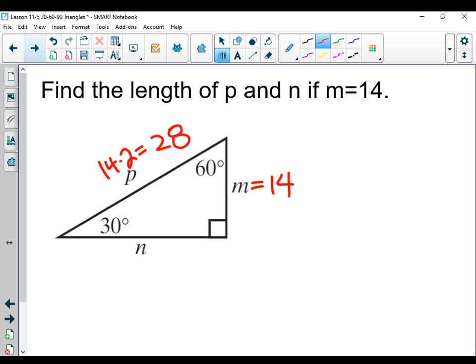Excellent. Ellie, how am I going to find the long leg? Are you talking to me? Yeah. Times the square root of 3 equals 24.2.